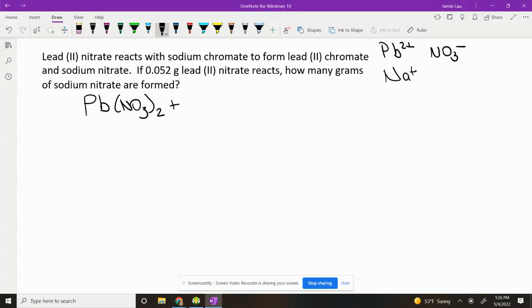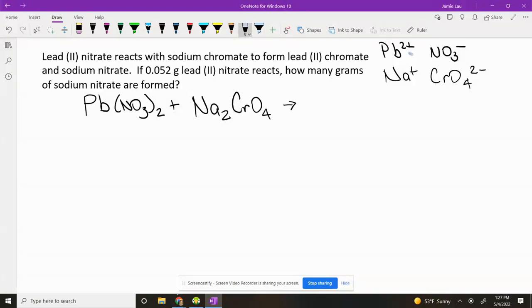Sodium has a 1 plus charge. Chromate has CrO4 with a 2 minus charge. So I need Na2CrO4 to balance those charges.